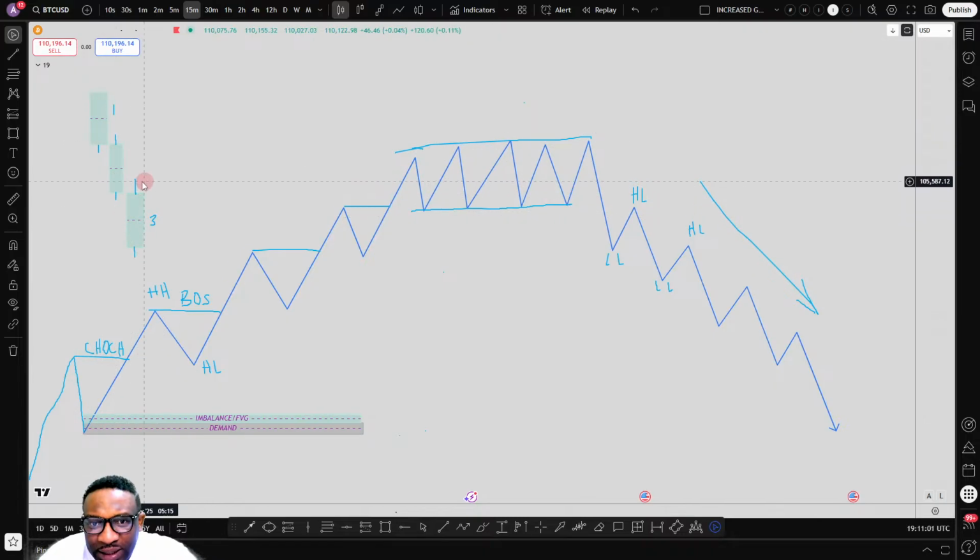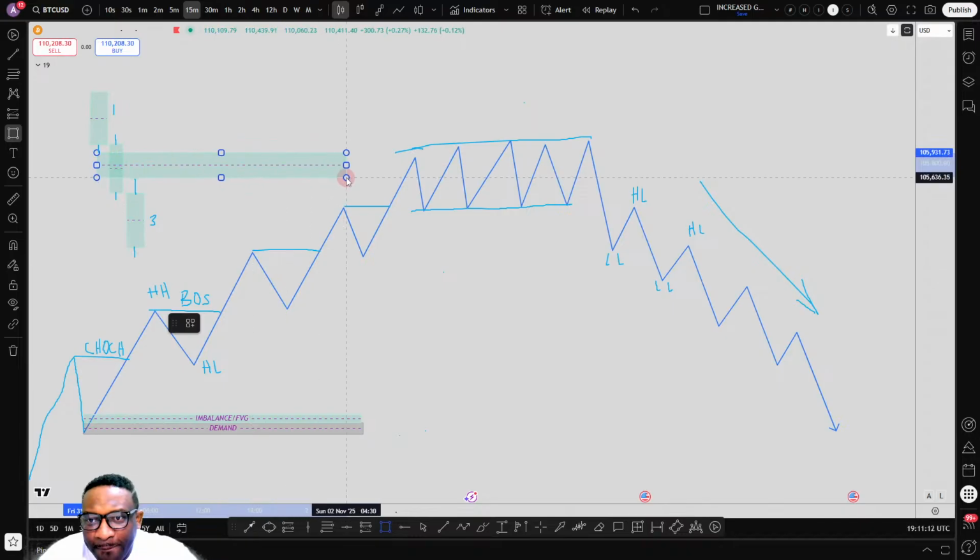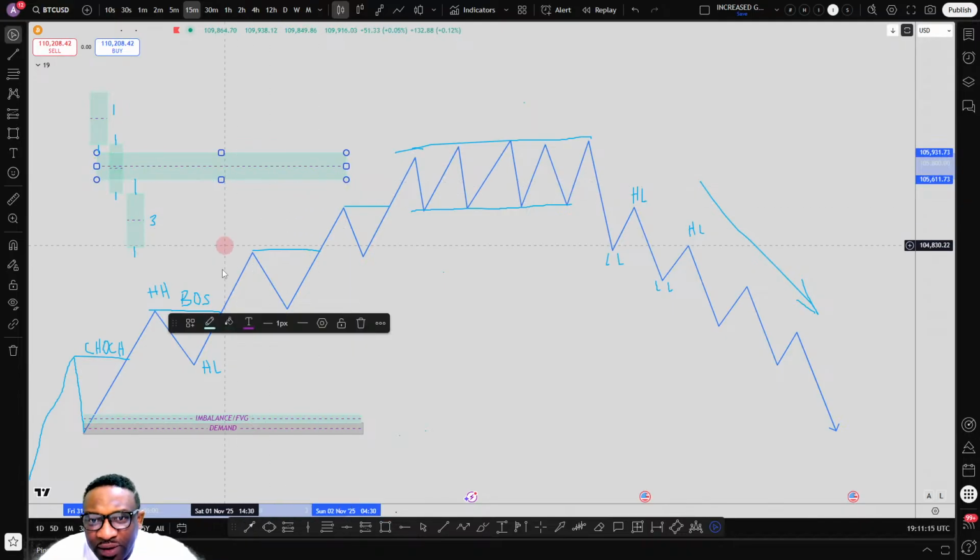So we can see that the wicks left a gap in between this move, which we refer to as the imbalance or the fair value gap, as some may call it.